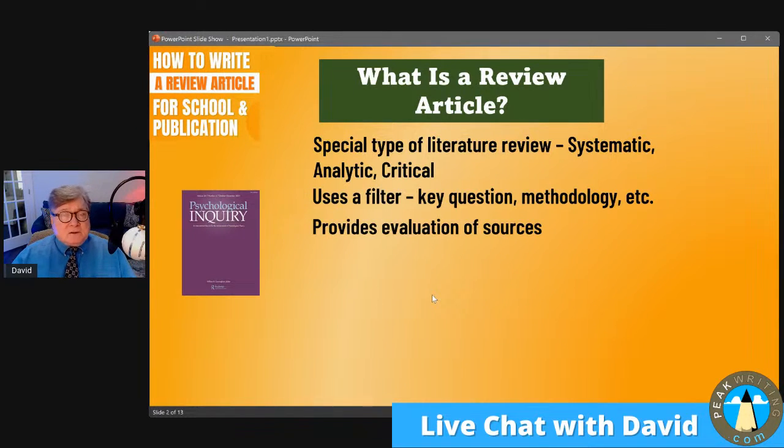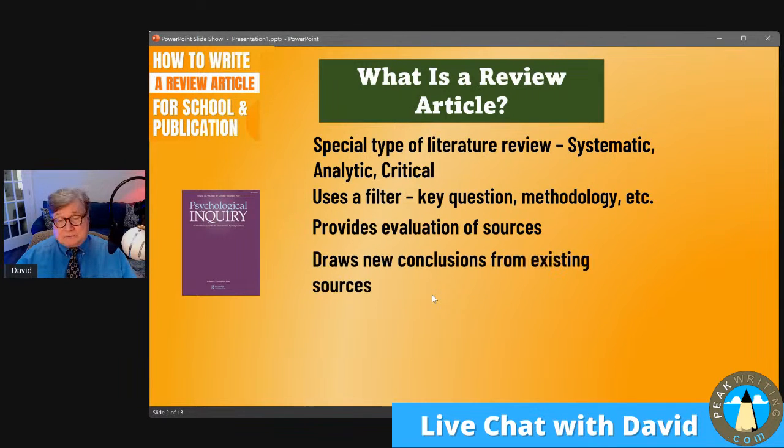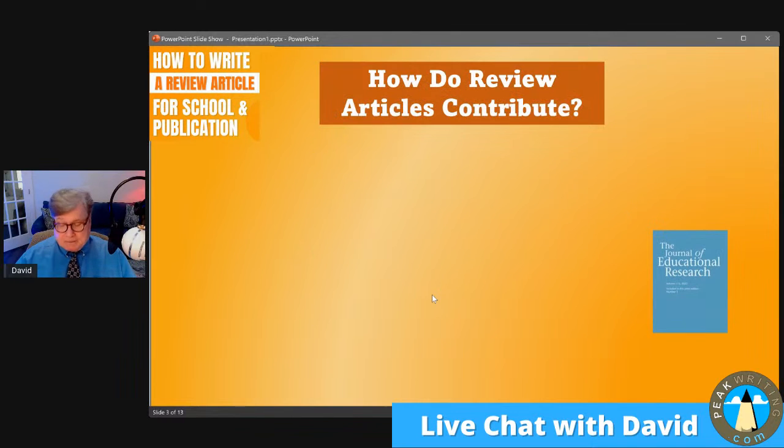That means that in this kind of review, you must provide an evaluation of sources. This evaluation is centered around the particular question or questions that you're trying to answer. For example, you might be trying to draw conclusions from existing resources, and so that would be your point of evaluation or your point of analysis. You might be trying to identify new areas for research, and so that would be your slant or your road into these particular sources.